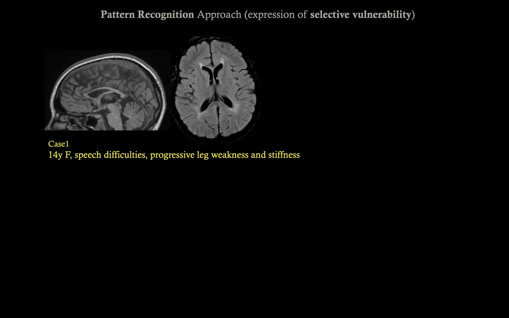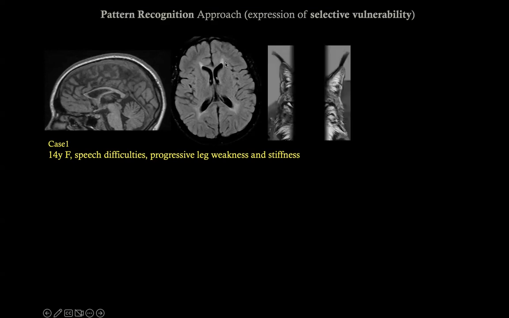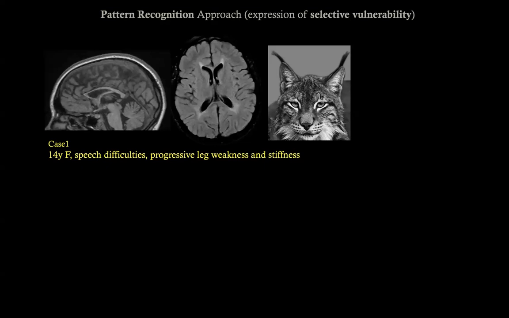But look at this specific appearance of the corpus callosum. It's very thin anteriorly, and the white matter of the forceps major and minor is actually very bright. This was a sign that was called the ear of the lynx. We like to see in our brain scans some animal shapes and forms and appearances.